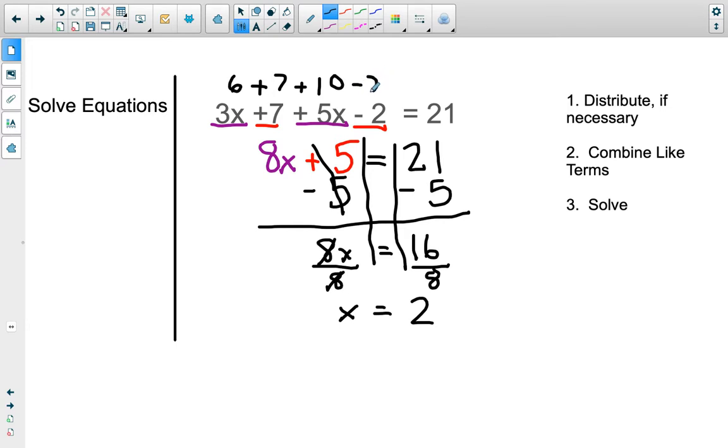Let's see if this adds up. 6 plus 7 is 13, plus 10 is 23, minus 2. That's 21. It worked. So x equals 2. And I feel pretty confident with my answer because I did a quick check.